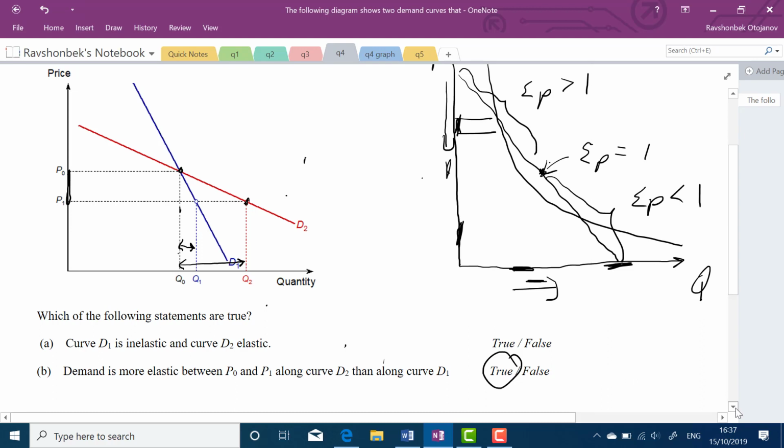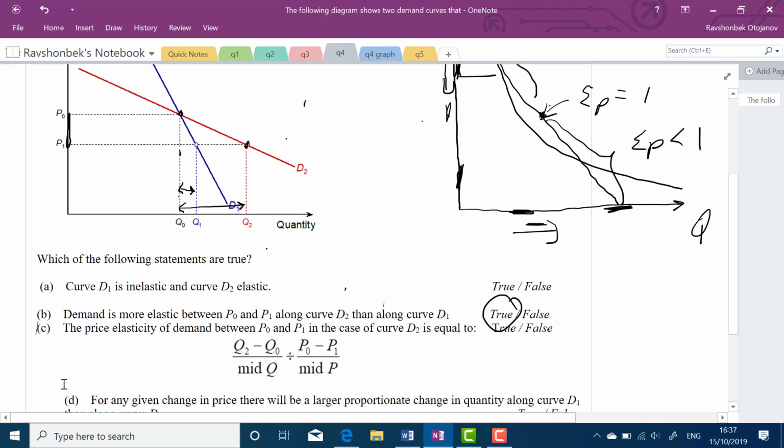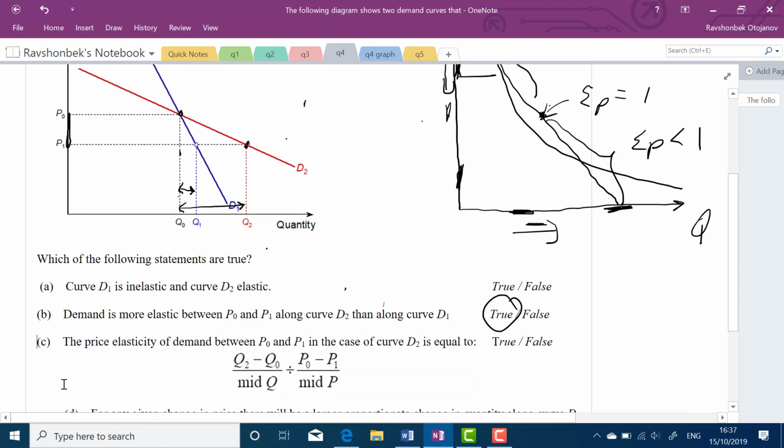Next question now. The price elasticity of demand between P0 and P1 in the case of curve D2 is equal to that formula. Is this formula correct? So look at the graph. Is it false? Guys, why is it false?